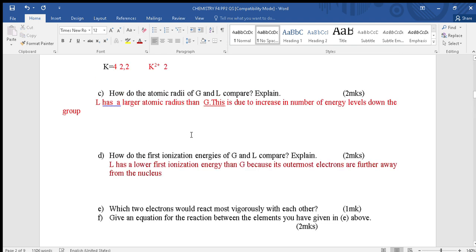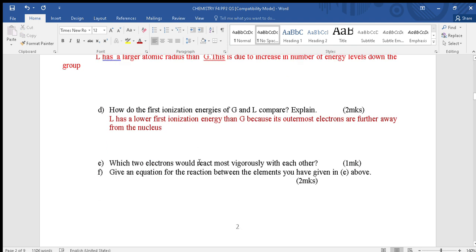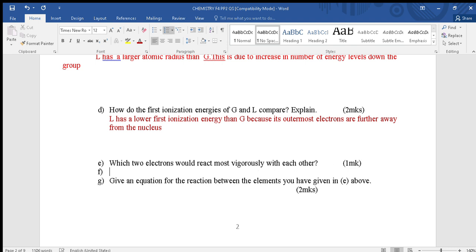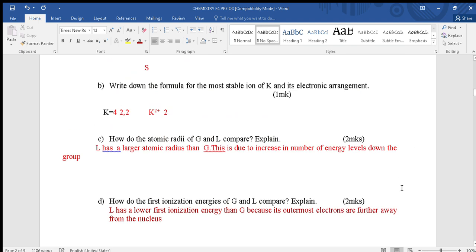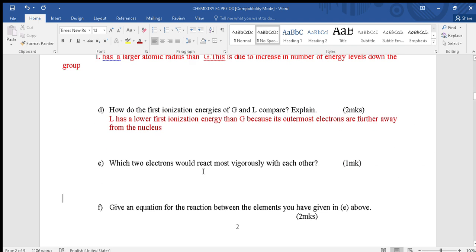Then we come to this other question down here where you are now asked which two elements will react more vigorously with each other. If you meet this question, there is one trick that you must know.